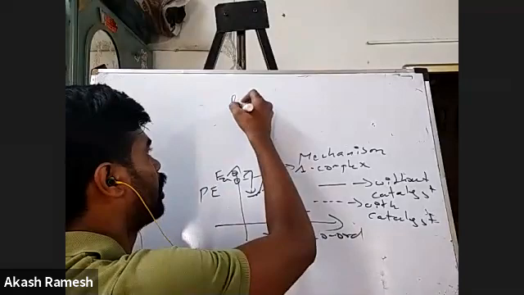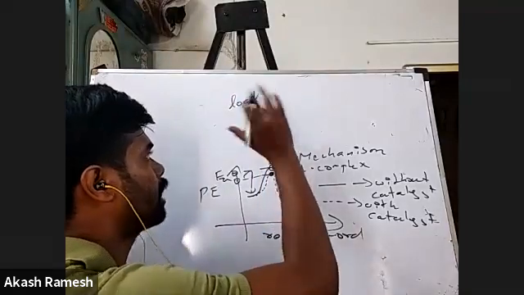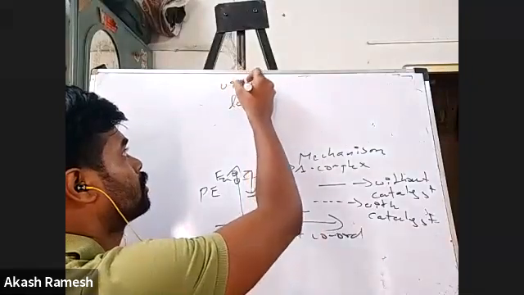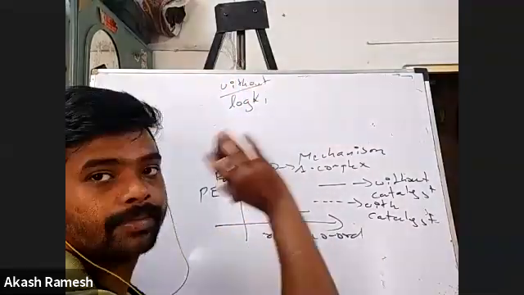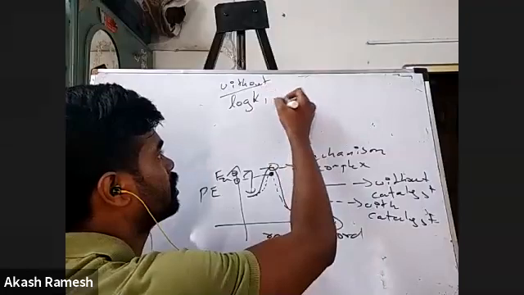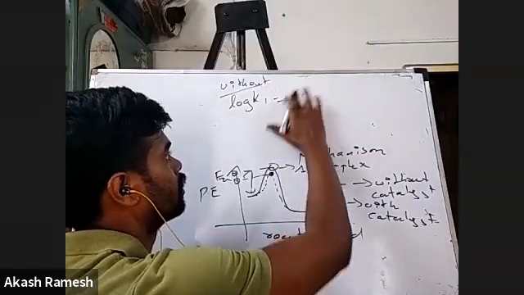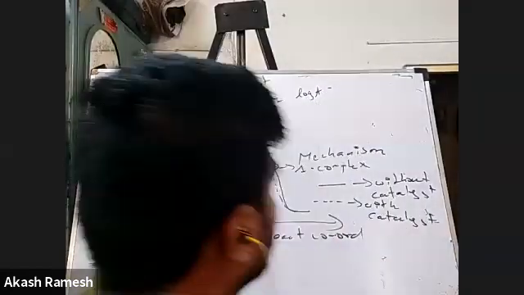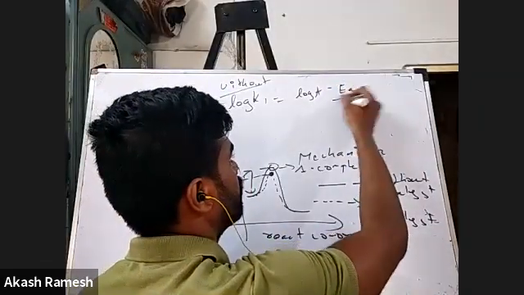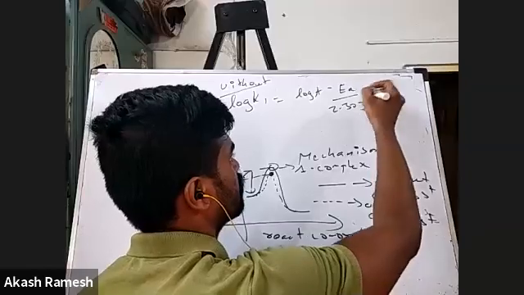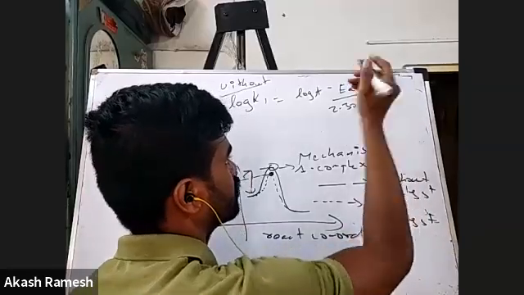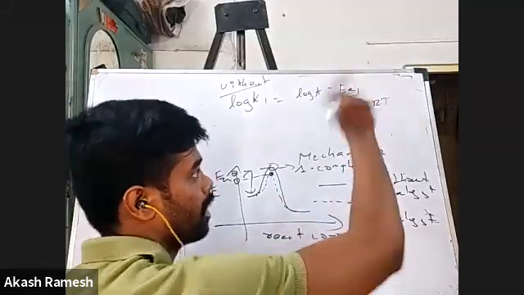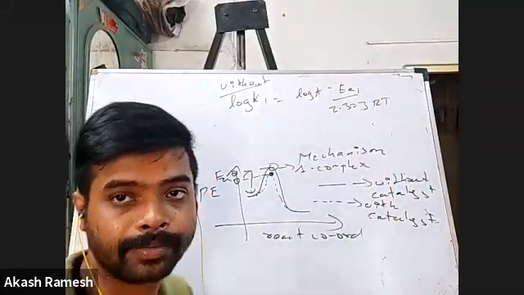Say I write log of K1. So K1, if I write K1, it is without catalyst. So I'll just put also without catalyst. Okay. So log K1 is equal to log A minus EA by 2.303 RT. So now it is K1 without catalyst, so obviously I'll put EA1, the first activation energy.